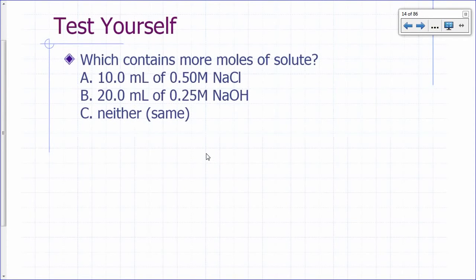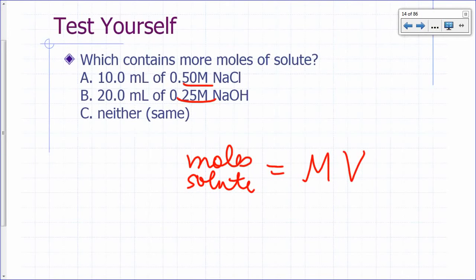So, quick question. Which contains more moles of solute? 10 mils of 0.5 molar sodium chloride or 20 mils of 0.25? Or is it neither? You're given the molarities. To get moles, moles of solute is molarity times volume.